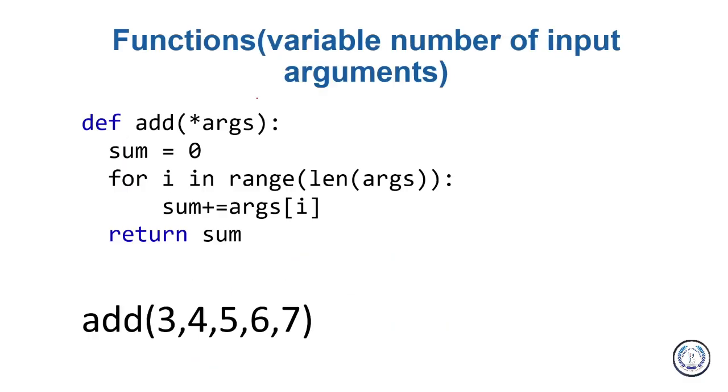Yeah. So in the last video, we were talking about how we can handle an arbitrary number of input arguments. For example, let's say we want to write an add function that should be able to add any number of, let's say, integer or floating point numbers that are passed in.